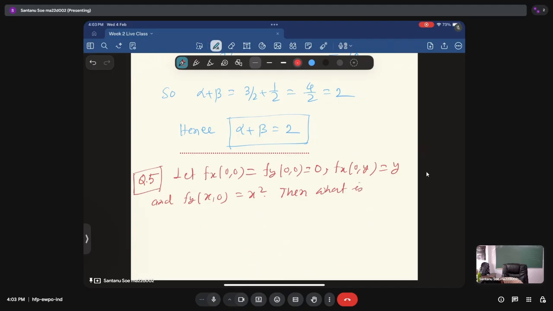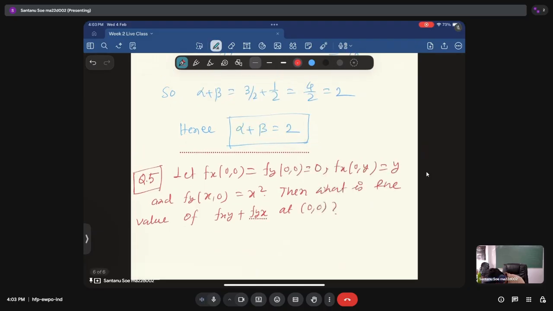Then what is the value of f_xy plus f_yx at 0 comma 0? Okay.